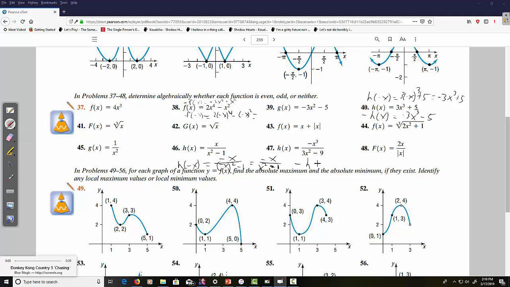And if you do negative h of x, I'm looking at 46 here, you would get negative x over x squared minus 1, which is literally the same thing as that. So since h of negative x equals negative h of x, this one would be odd.